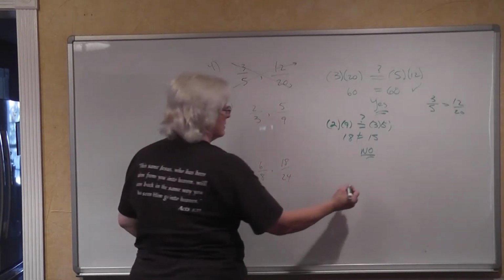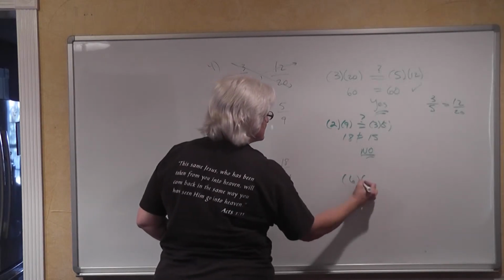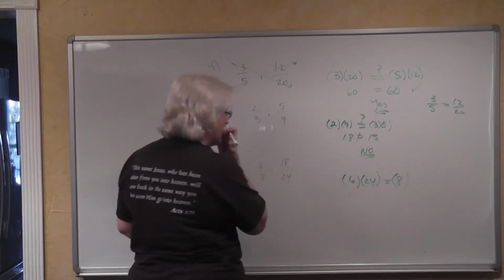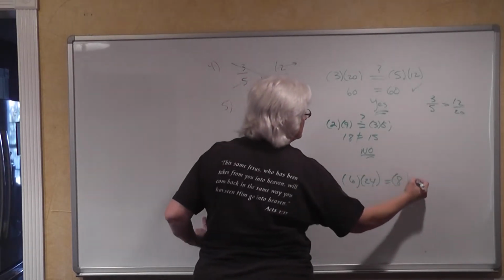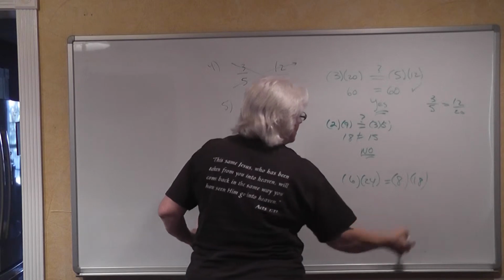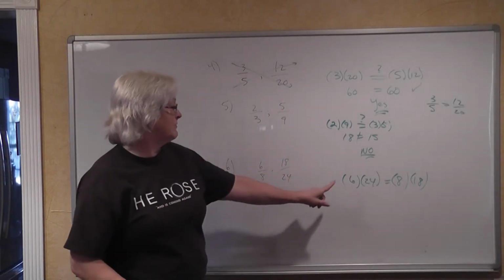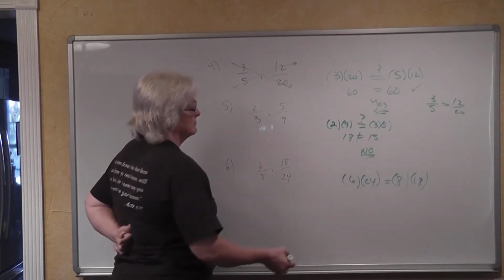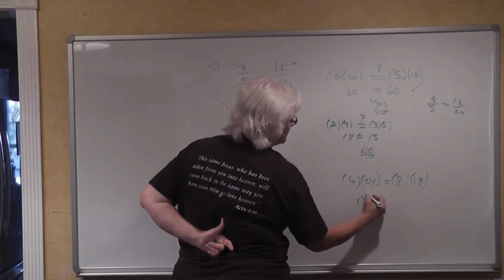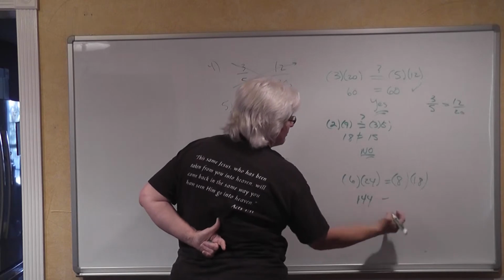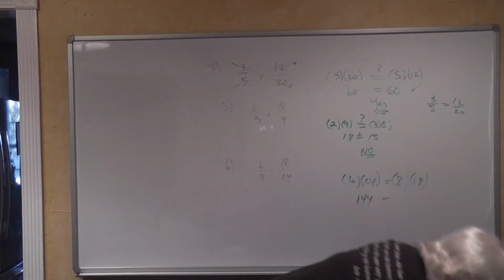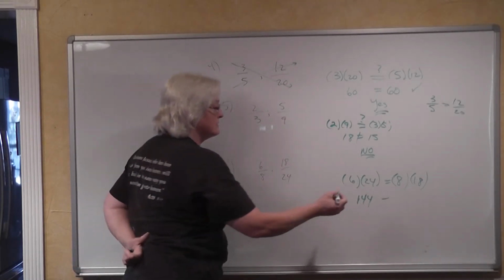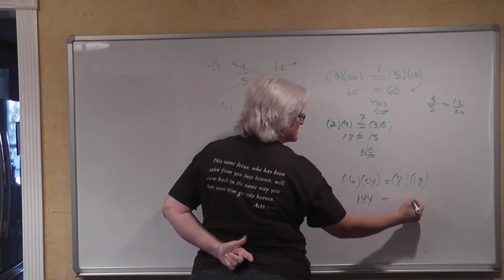Same thing down here. 6 times 24, is that the same as 8 times 18? Well, 6 times 24 should be 144. You can multiply that out to the side. It's 144. Is that the same as 8 times 18? 8 times 8 is 64.